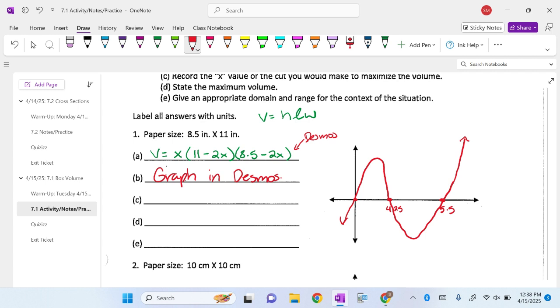Now, where's the only part of the graph that I care about if I want to find the maximum volume?